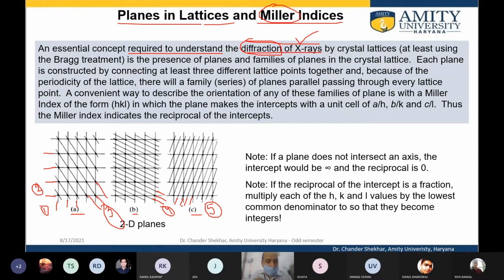How do we experimentally verify whether there is a periodic arrangement or there is not a periodic arrangement? Okay, so to verify this, X-rays come very handy, because the wavelength of X-rays is of the order of the interplanar spacing. So for example, this is copper alpha radiation.